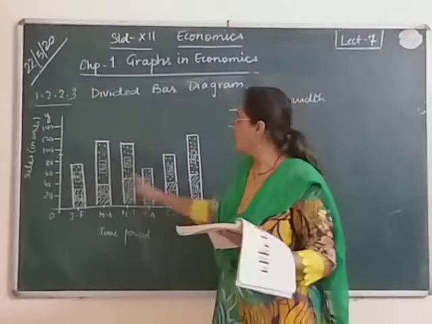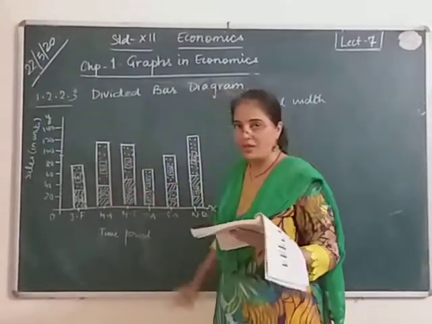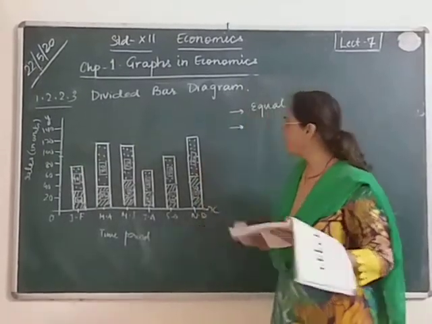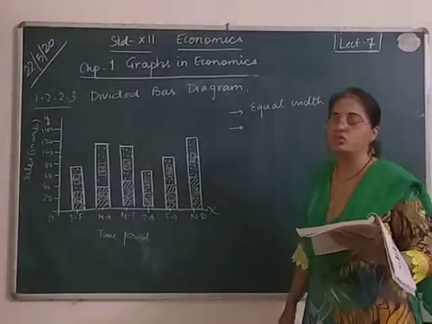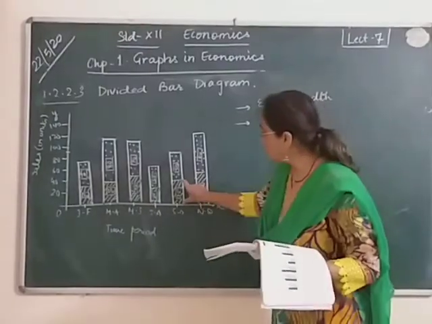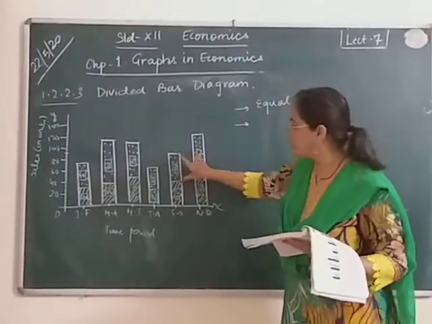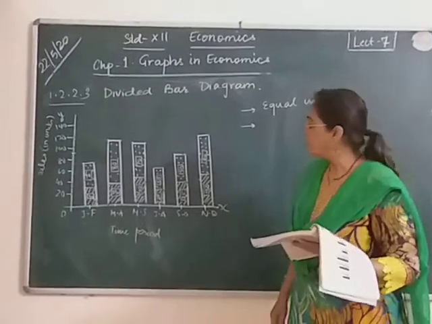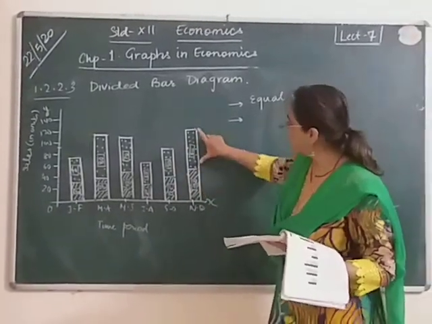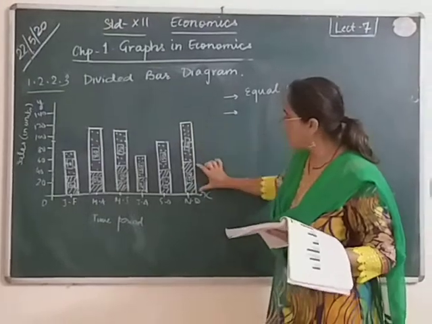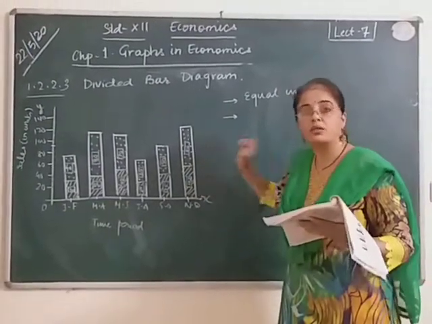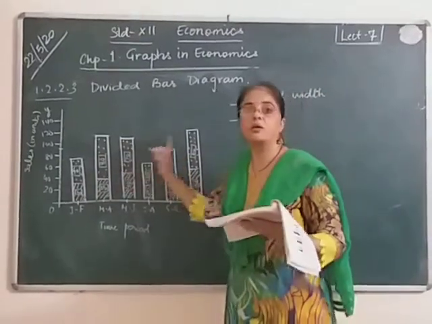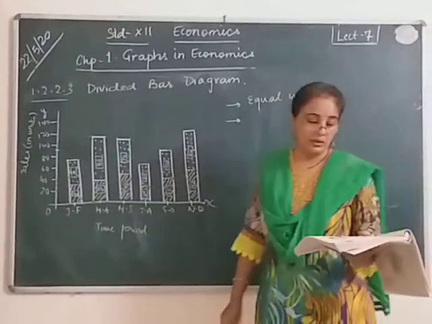Not only that, when you draw the bar, we have to be sensible that whatever figures we are giving are proportional. Here this is 35 and this is 50. Obviously the area of 50 should be more than that of 35. Similarly, this is 40 and this is 80, so the area for 80 should be double that of 40. So we have to be a little sensitive and sensible while doing that.